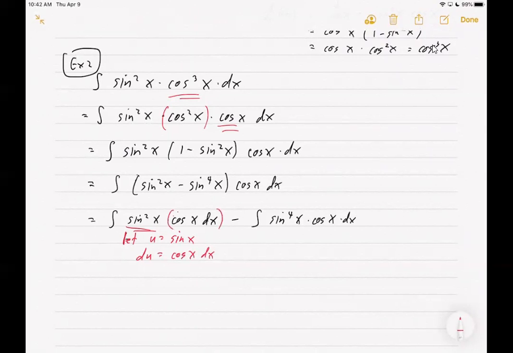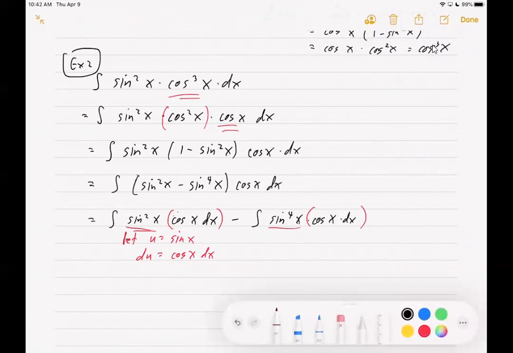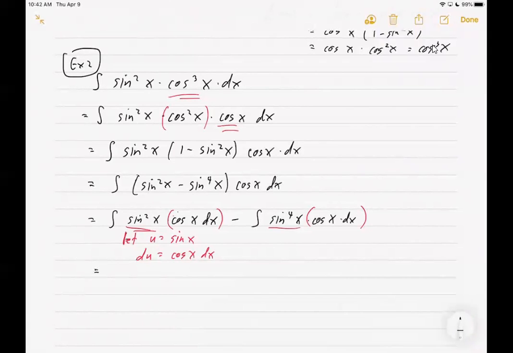We can see we have that right there. So the first integral converts nicely. And by the way, this is a perfect problem where we could let u equal sine of x in the second integral, and we would have a du right here. So we can rewrite both of them at the same time. It just happens to work out that way. So we can say u squared du is the first integral, minus the integral of u to the fourth du.